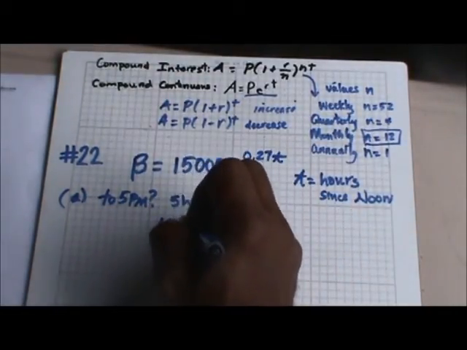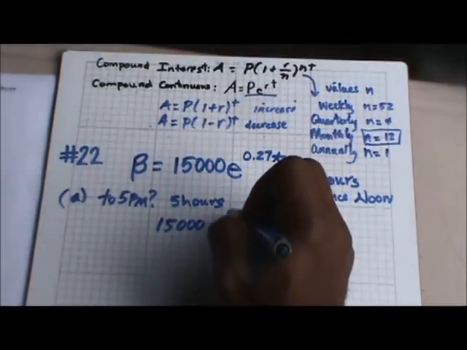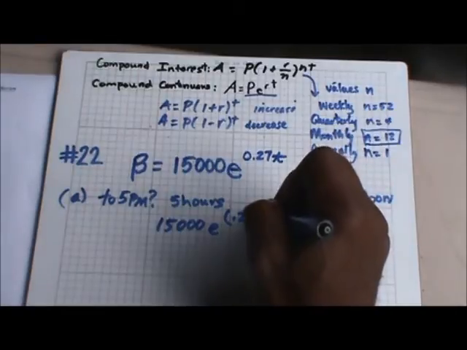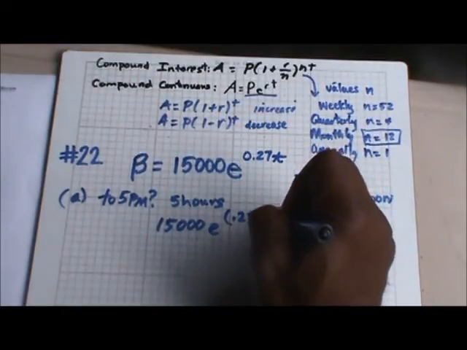So we have 15,000 E to the 0.27 times 5.